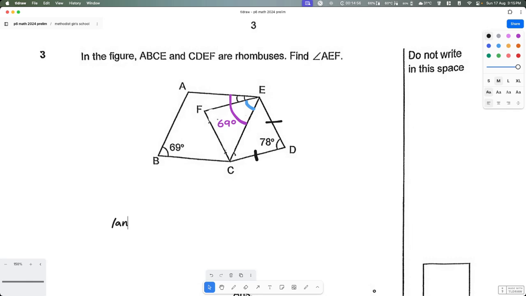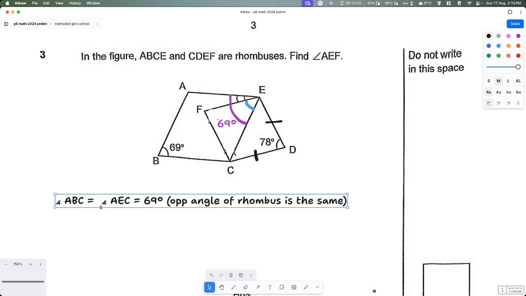First I say angle ABC is equal to angle AEC, which is equal to 69 degrees, as I said over here. So opposite angles of a rhombus are the same.